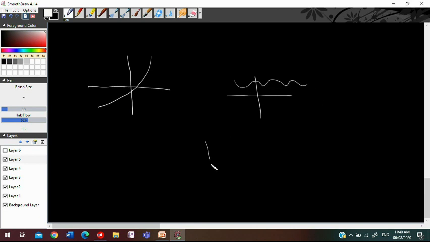All these are continuous graphs. But when we have such a type of graph, look at the difference between the two. There is a discontinuity between the two lines. This is the graph of a discontinuous function.